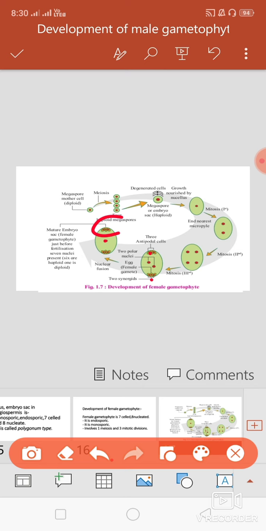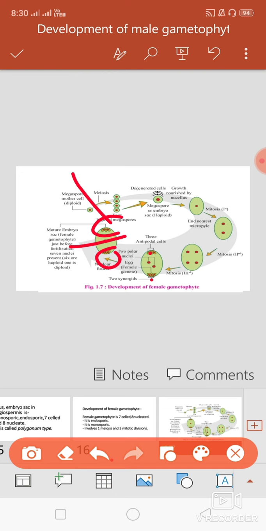The remaining cells, the 3 cells towards the micropylar end, act as the egg apparatus. The 3 cells towards the chalazal end are called antipodal cells, and the central large cell is called the secondary nucleus, right?